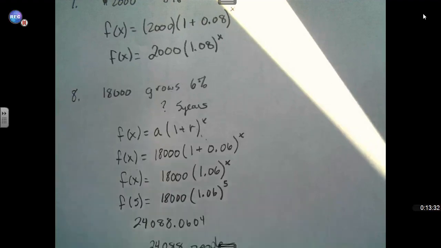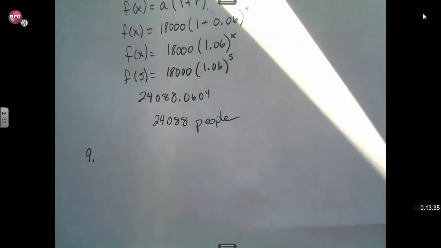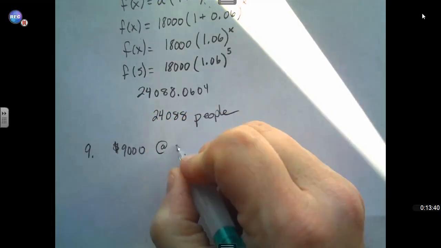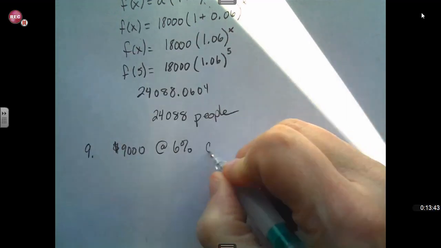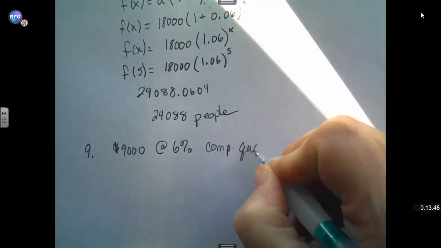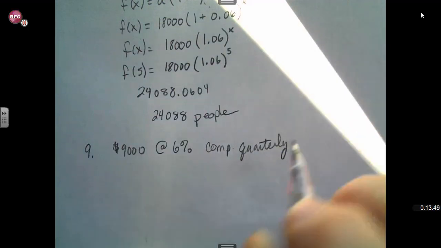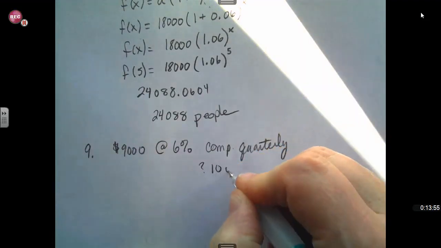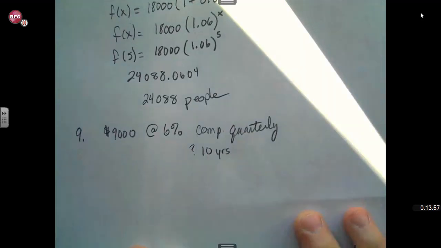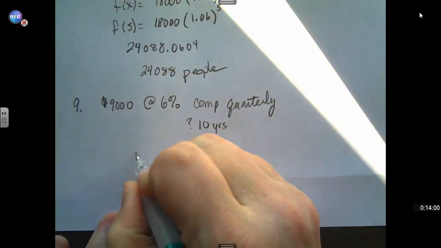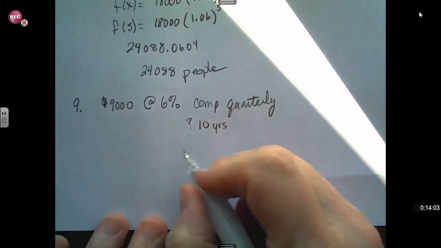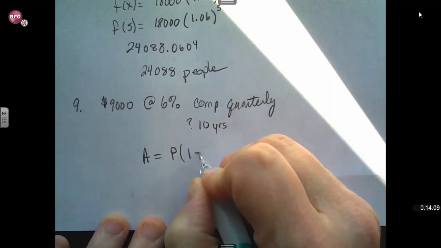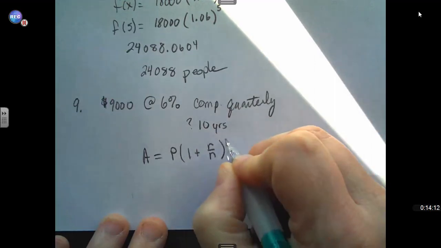Number 9, Leo invests $9,000 at an interest rate of 6%, compounded quarterly. Okay, how much is the investment worth at the end of 10 years? So the formula, the equation that we're going to use for that is A equals P times the quantity 1 plus r over n to the nt.